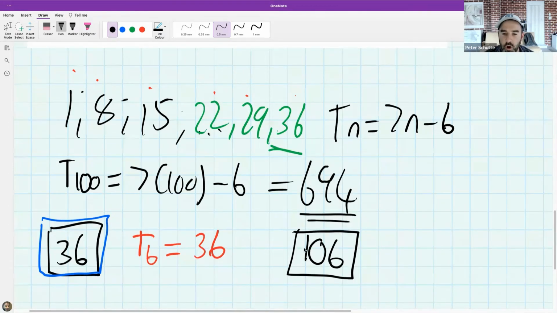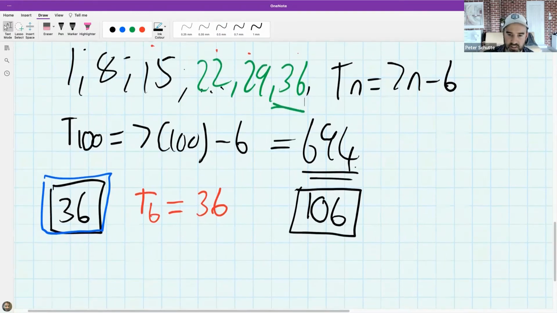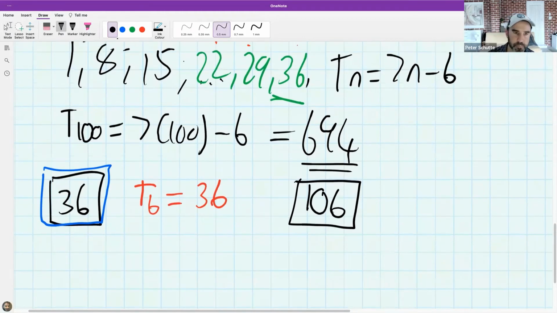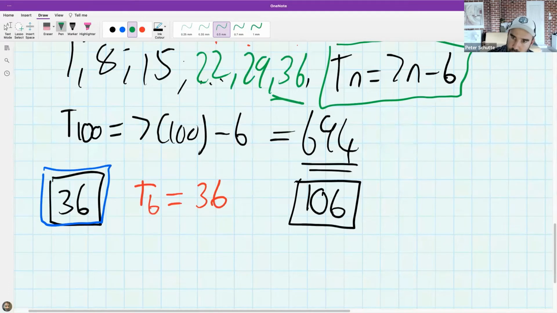The reason you can't do this one and you could do the other one is that you can't easily count in sevens in your head up to 106. So we need another method for figuring out if something is in a number pattern. I suggested this in the last lesson. We take our formula that we've worked hard on, which is up here.